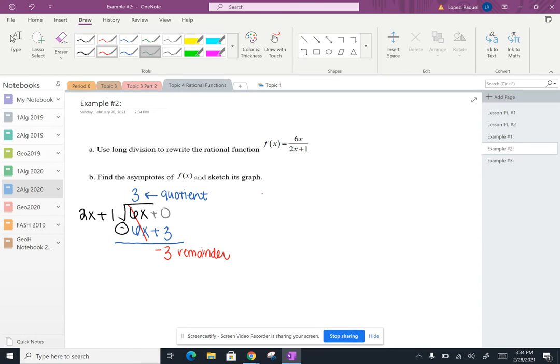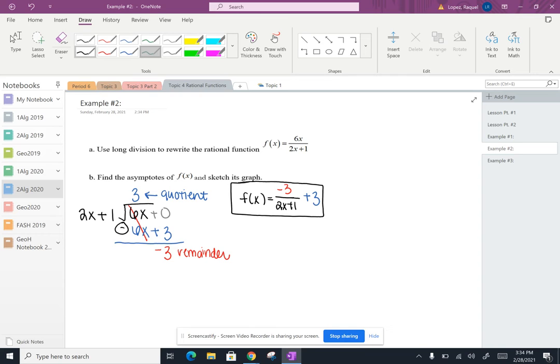So we're going to rewrite this as f of x. Let's keep these colors consistent here. So f of x equals negative 3 over 2x plus 1, plus our quotient, and our quotient is 3. So here we go. So that's our transformation form.